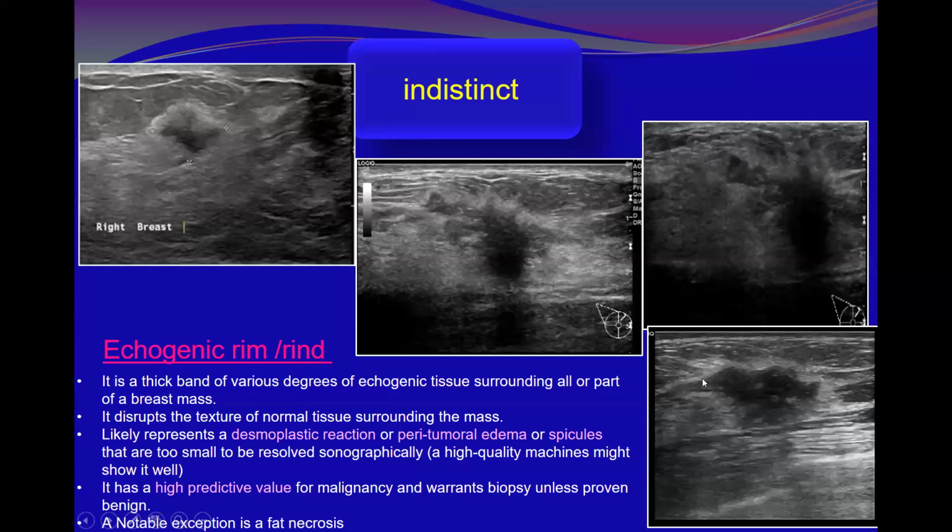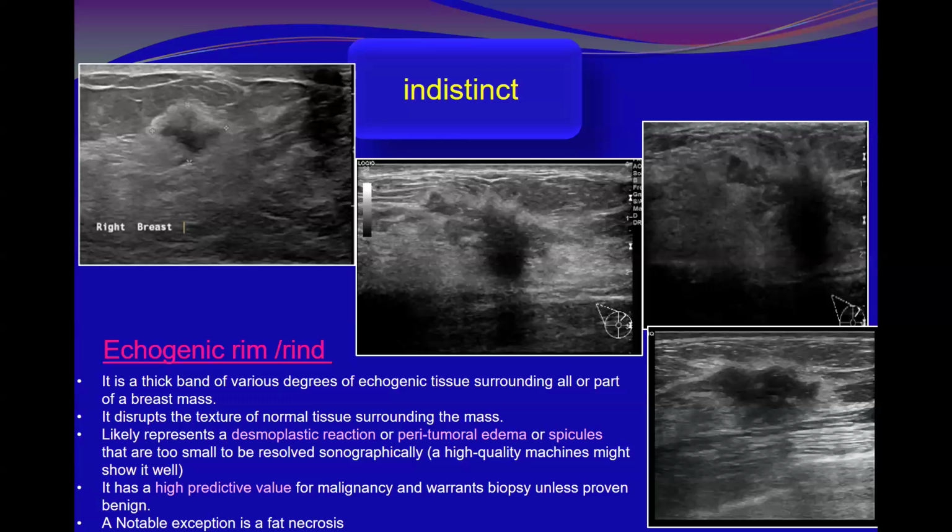It varies in thickness. Look at this one. You see the thickness of this one, compare it with this and with this here. The hypoechoic needles of the cancer are small compared to the surrounding echogenic rim. So it is a thick band of various degrees of echogenic tissue surrounding all or part of the mass.